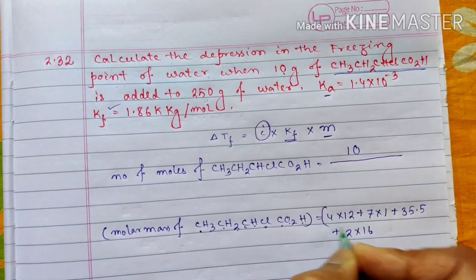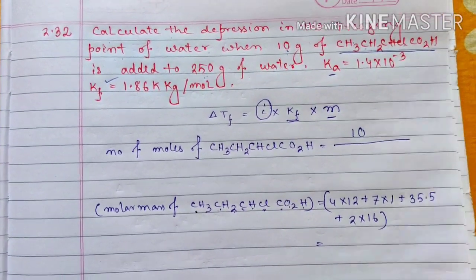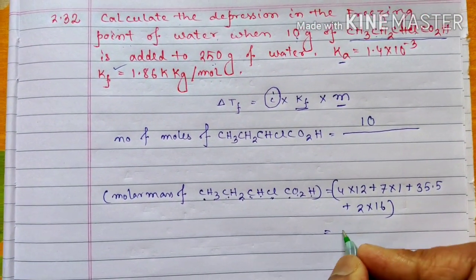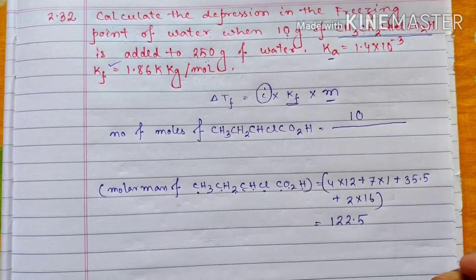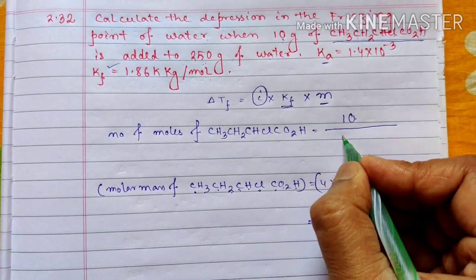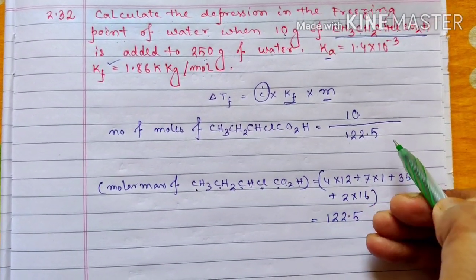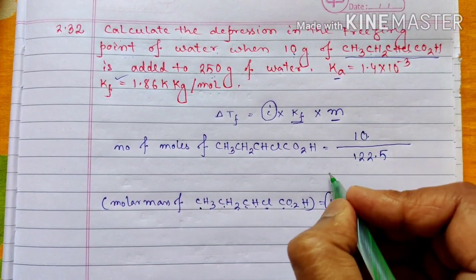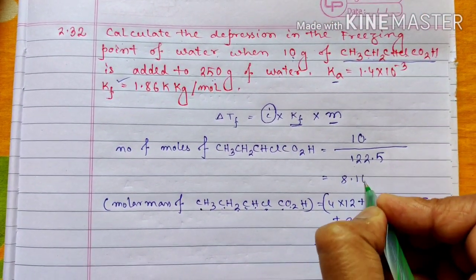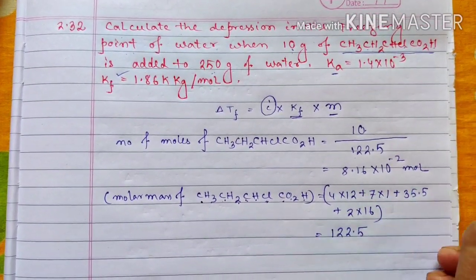I have calculated and it is coming out to be 122.5. So if I put this molar mass over here, 10 by 122.5 is the number of moles. If you calculate, you will get 8.16 into 10 to the power minus 2. That is the number of moles.